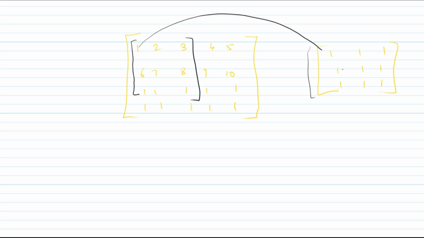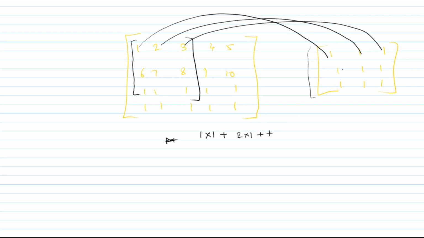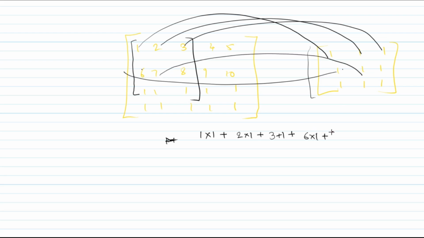That means 1 multiplied with 1, plus 2 multiplied with 1, plus 3 multiplied with 1, plus 6 multiplied with 1. Again, the middle one, 7 multiplied with 1, 8 multiplied with 1.